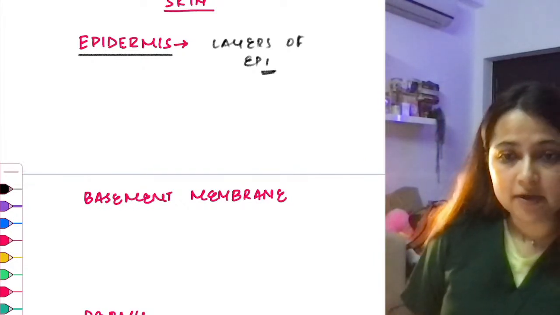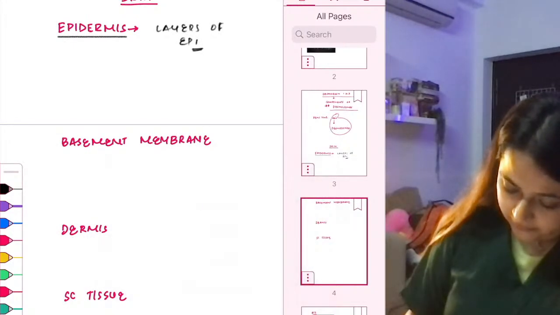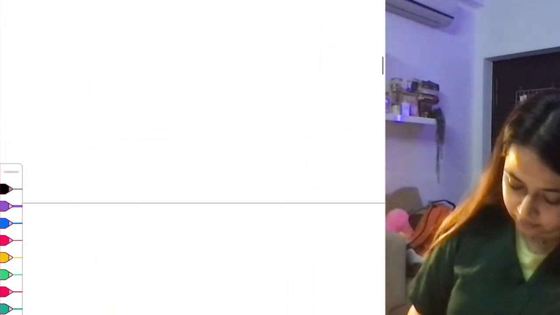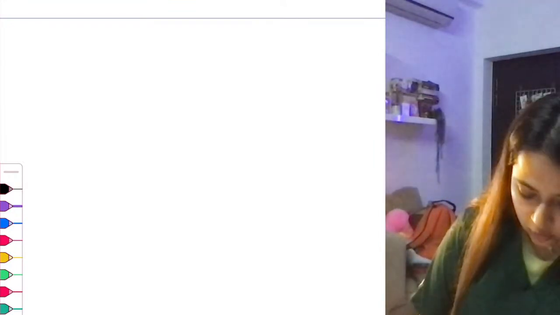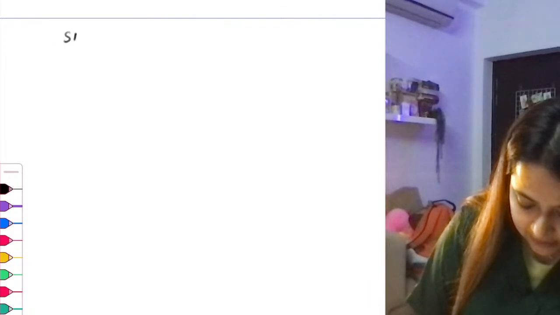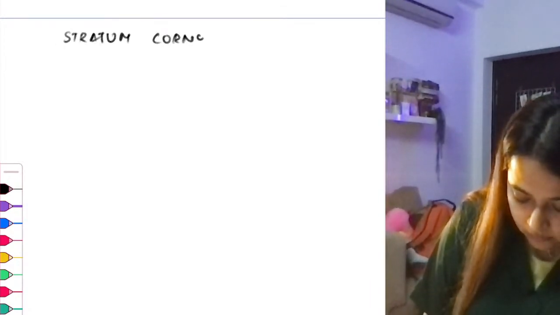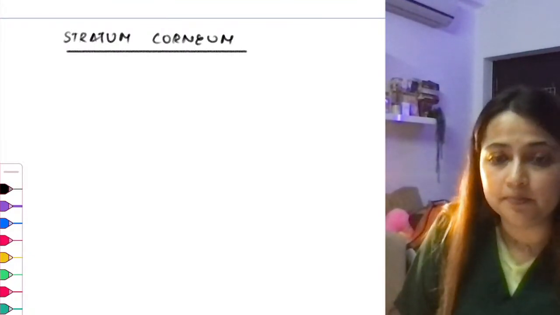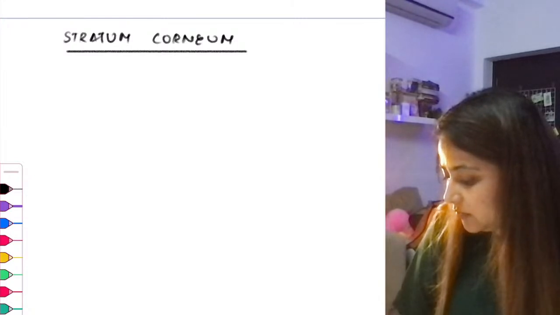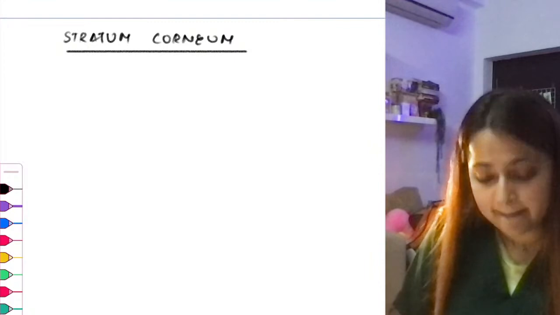So the outermost layer of epidermis, this is known as the outermost layer. Exactly, Gurjeet. That is the right answer. The outermost layer, that is stratum corneum. What is the significance of this layer of the skin? Can anyone tell me? Yes.